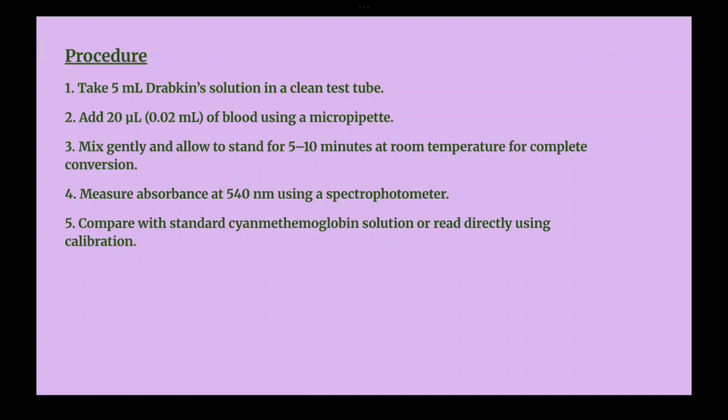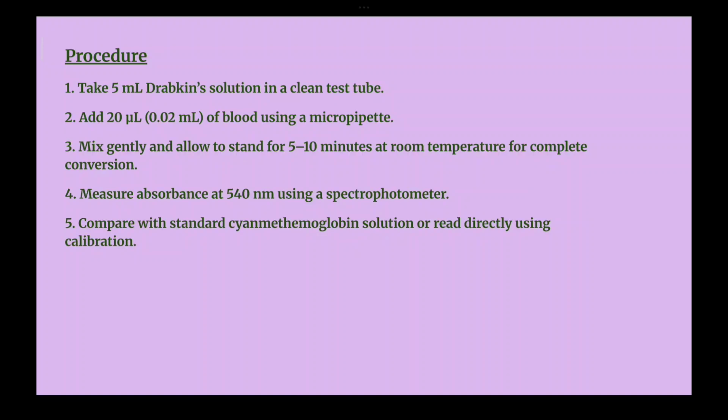cyanomethemoglobin method is to take 5 ml of Drapkin solution in a clean test tube. You add 20 microliters of blood, which is done by micropipetting. After you add the blood to the 5 ml Drapkin solution in the clean test tube, mix gently and allow it to stand for 5 to 10 minutes at room temperature for complete conversion.